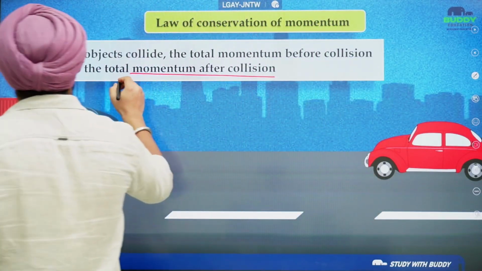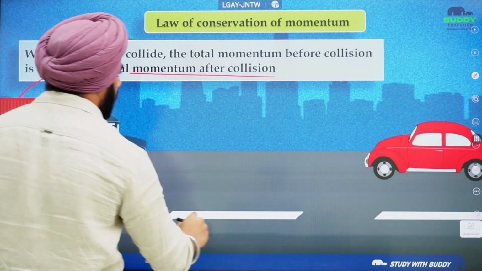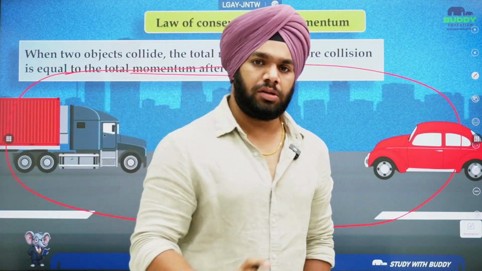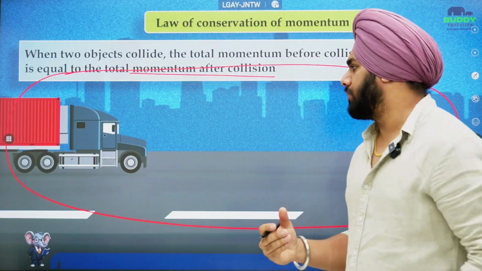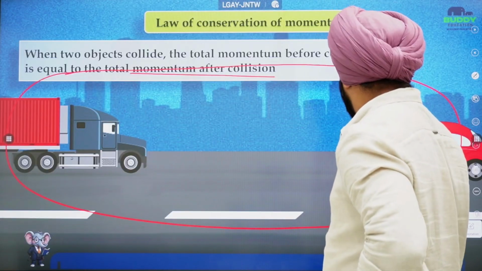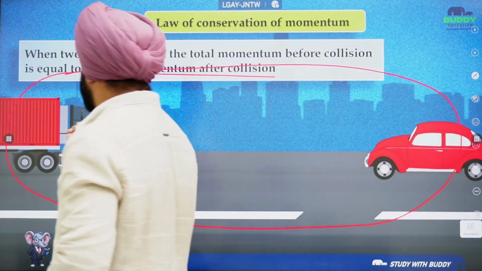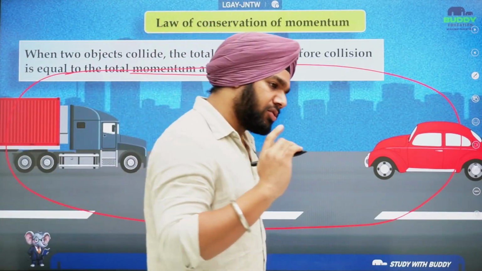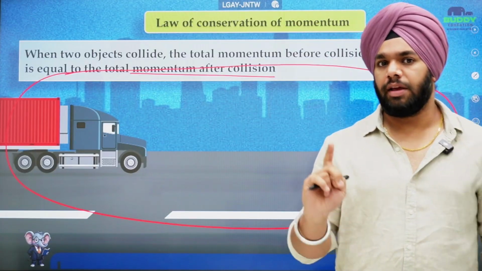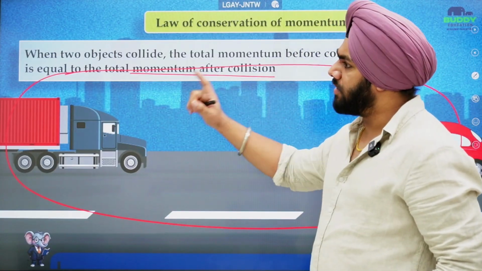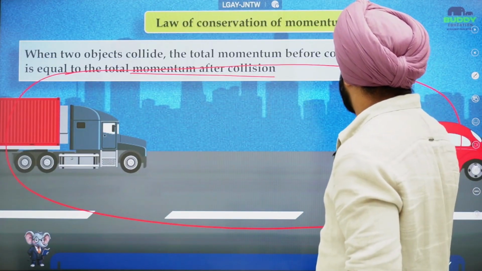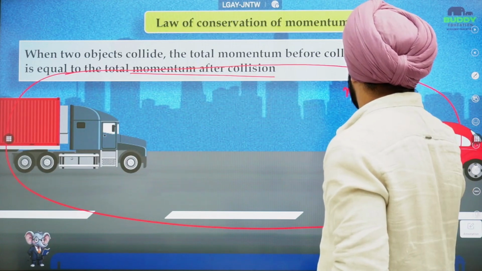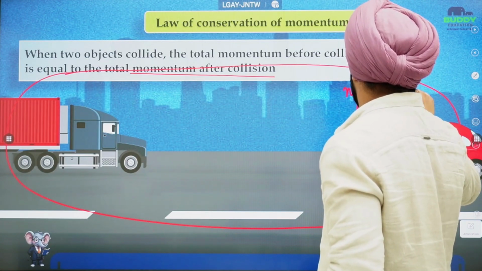If I take this truck and car as a system, now the truck and the car are part of the system. Why is conservation of momentum applicable here? Because of the system consideration. If we are taking a system of truck and car, then the net external force on the system is zero.